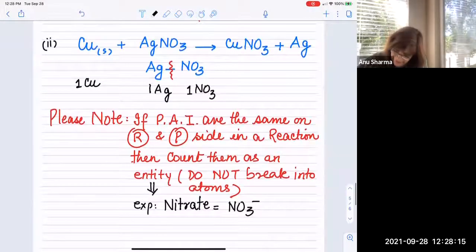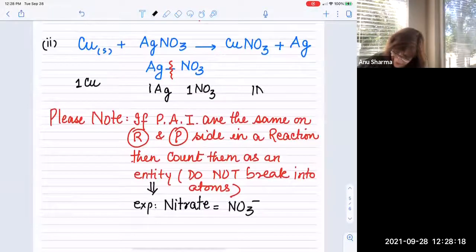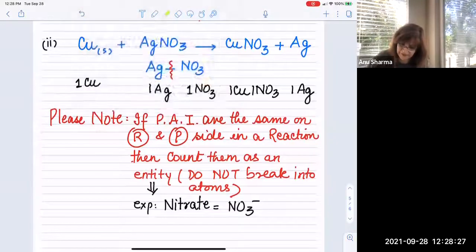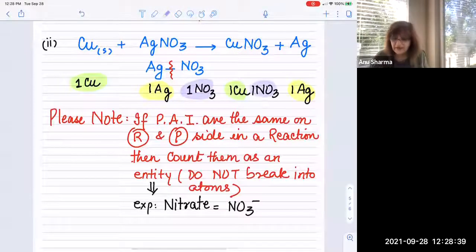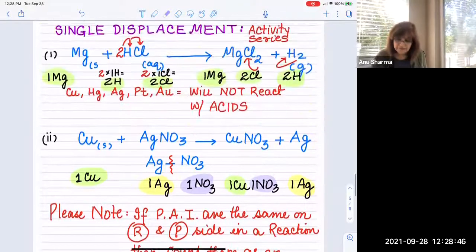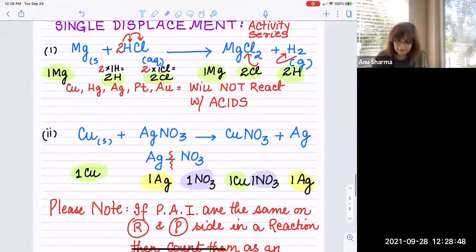We see that this side also has one nitrate, one copper and one silver. So we see copper one, silver one and silver one, and nitrate as one and nitrate as one. That balances the whole thing. So this is what a single displacement reaction is, and if you have to balance it, you balance it.